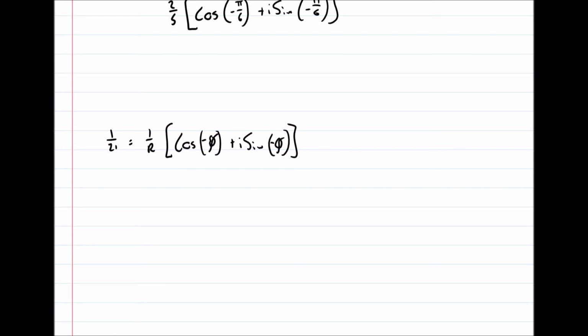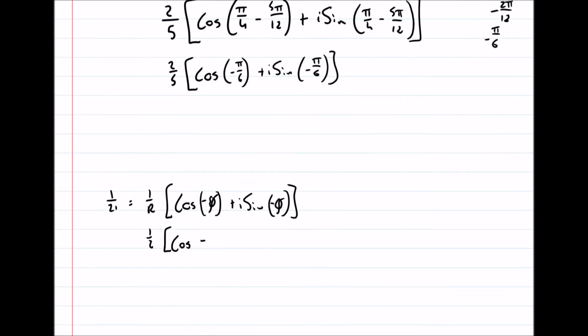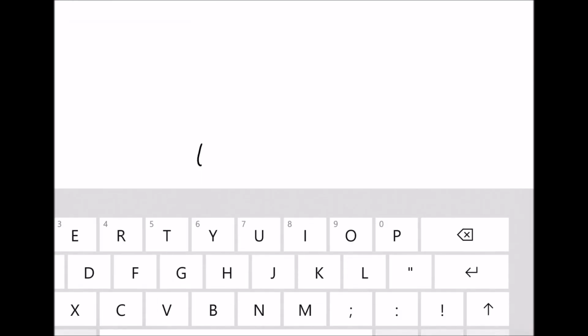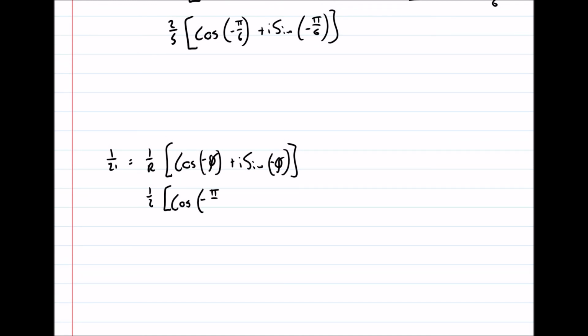So the radius of Z1 was 2, so it's 1 over 2 cos minus pi over 4 plus I sine minus pi over 4. That's in polar form. Again, you could change to rectangular form. I've shown you how to do that in a previous video, but I'm just going to leave it as it is. Okay, thanks.